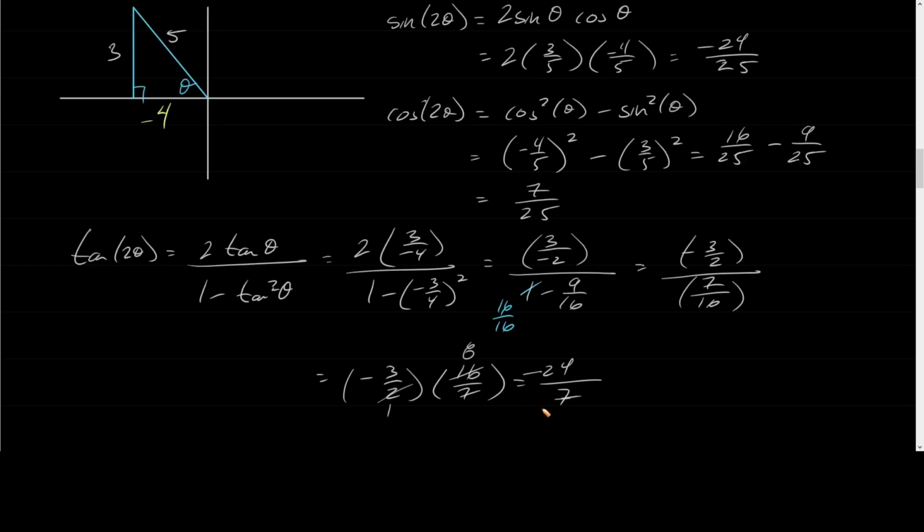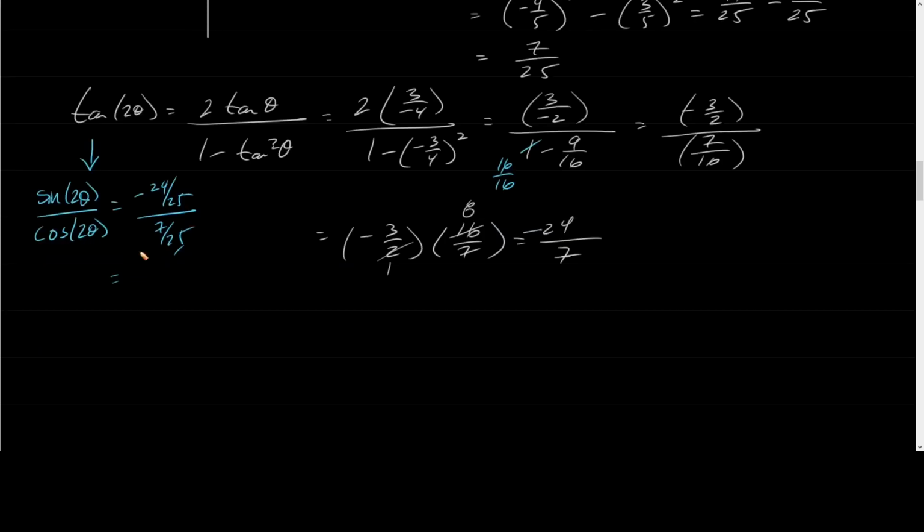Notice that I could have done this a little bit differently for tangent of 2 theta, because I could have said that this right here is the same as sine of 2 theta over cosine of 2 theta. We already know what sine of 2 theta is. Sine of 2 theta we found out to be negative 24 over 25, and cosine of 2 theta we found that to be 7 over 25.